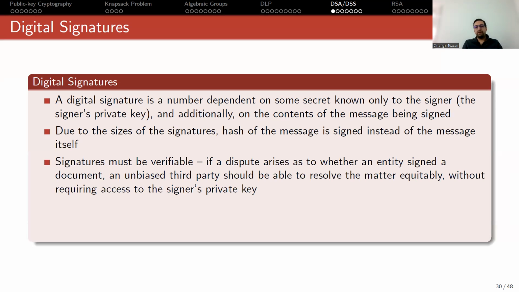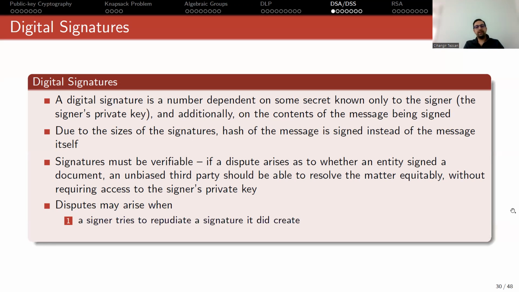Signatures must be verifiable. If a dispute arises as to whether an entity signed a document, an unbiased third party should be able to resolve the matter equitably without requiring access to the signer's private key. This is how we can actually use Bitcoin or similar cryptocurrencies, because when you make a transaction, nobody can claim that it is wrong, or if you create a fake signature, everybody can understand it without asking for the private key.